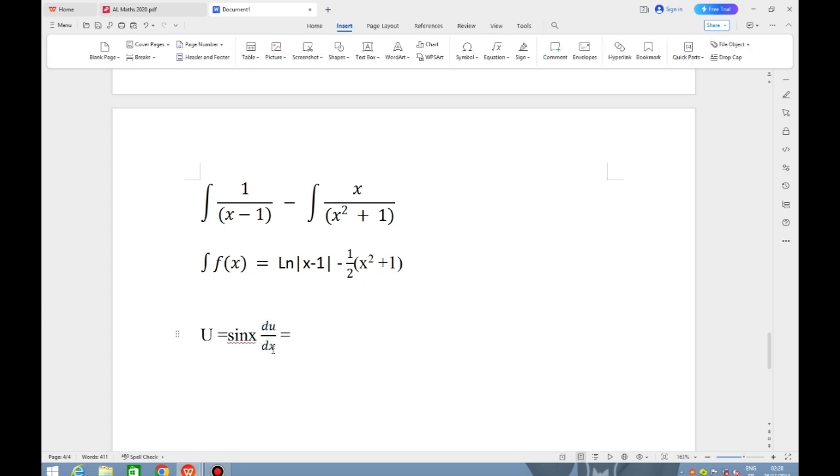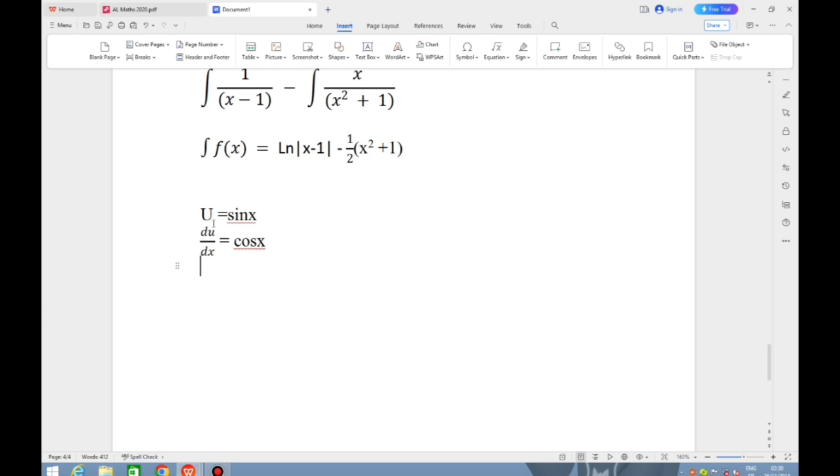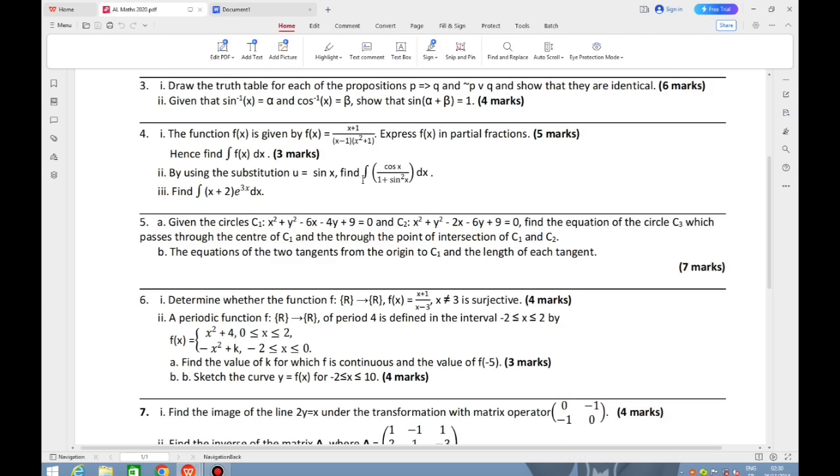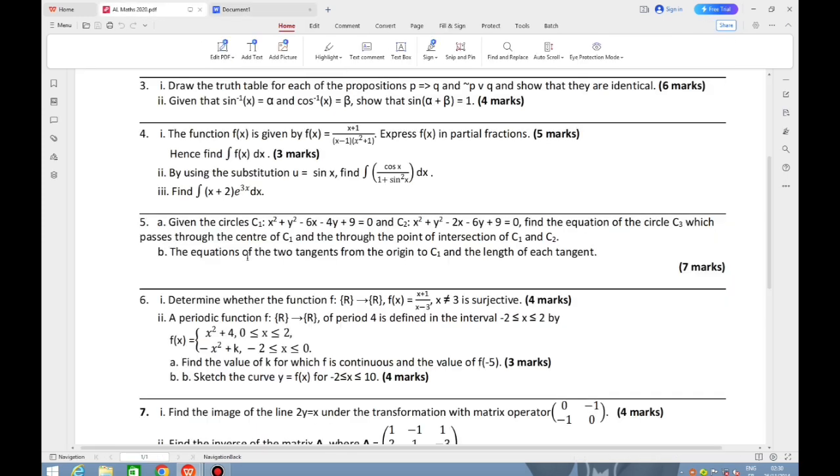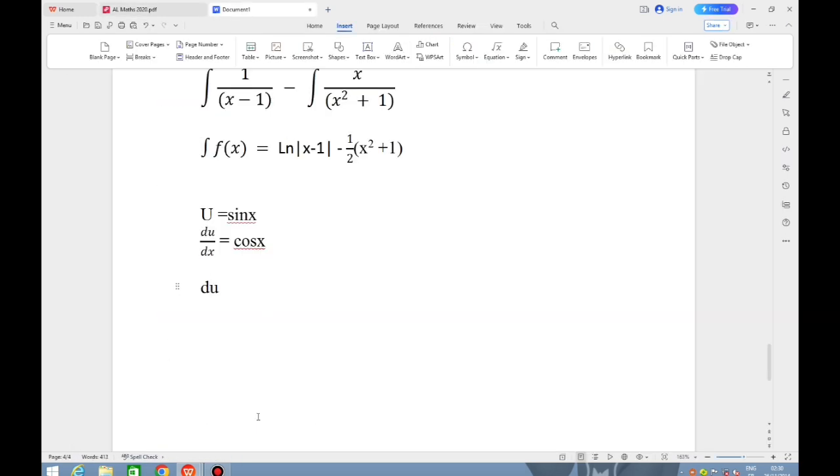That is the differentiation of sin x is equal to cos x. Now we substitute these values in this equation. That's cos x over 1 plus sin squared x. So cos x is equal to du on dx, and the dx here is going to cancel this dx.